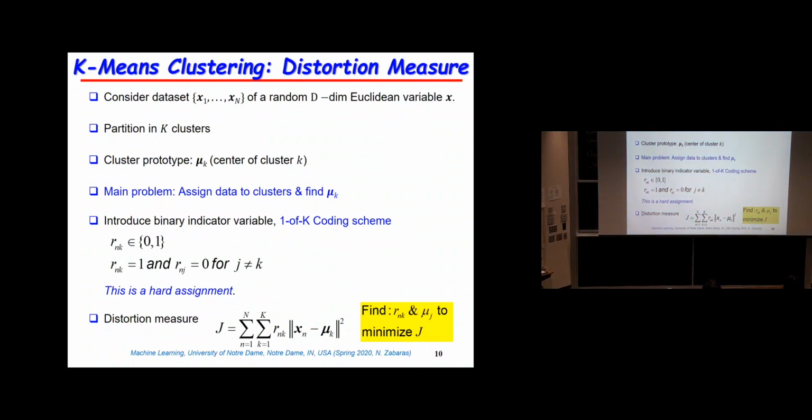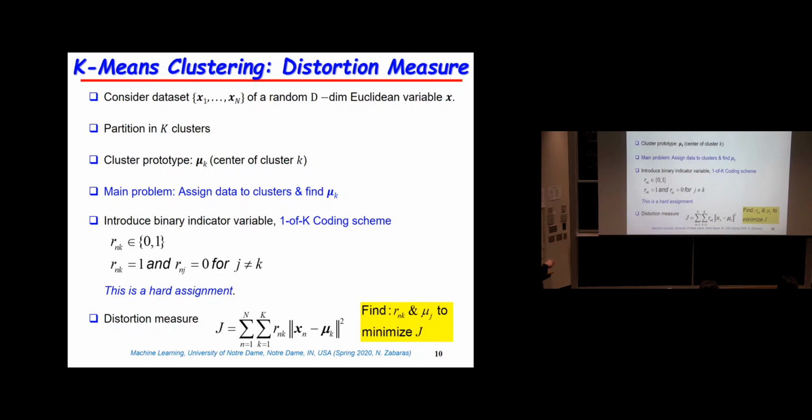You can think of this as a way to compress the information from the data with the corresponding mean of that cluster, all right? This is a good way to start thinking about model reduction. You want to compress information, and the way to compress it is to represent the data with K clusters, and then every point in each cluster is assigned the value of the center of the cluster.